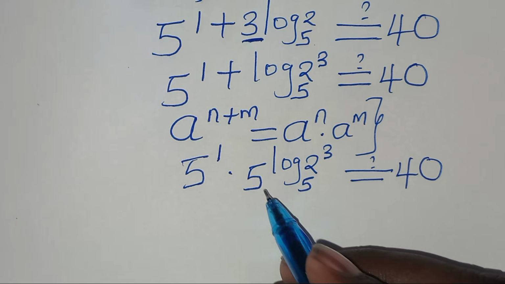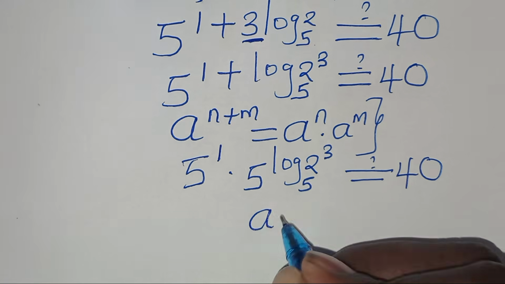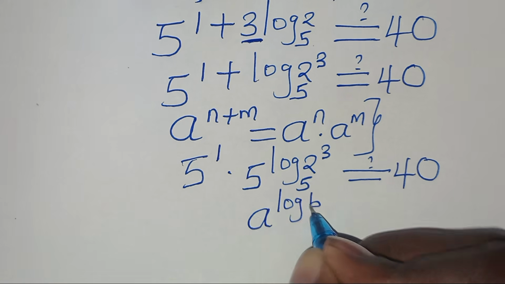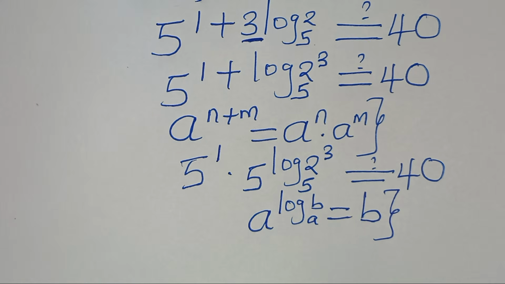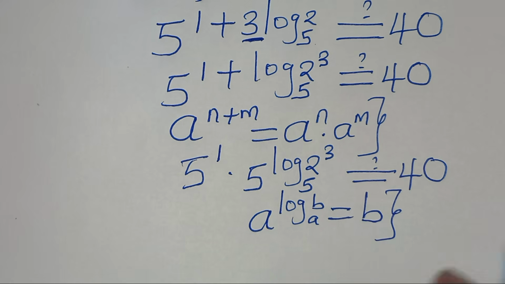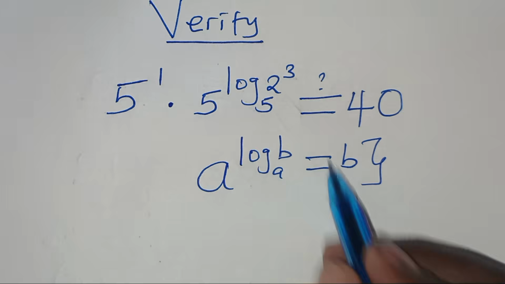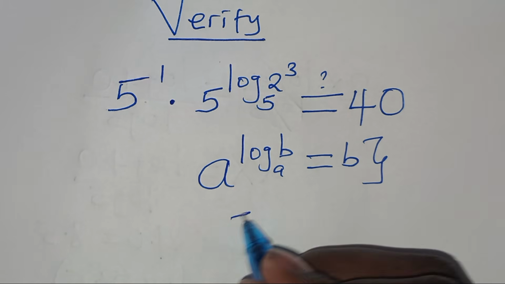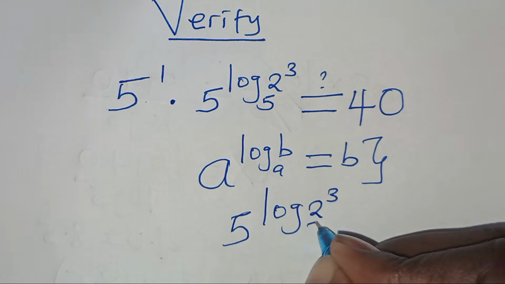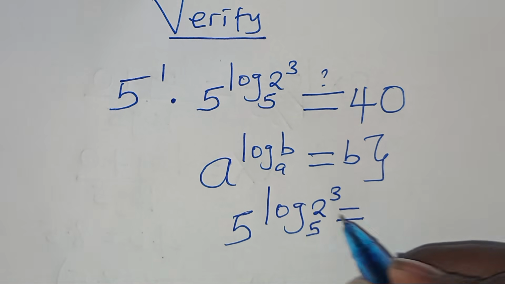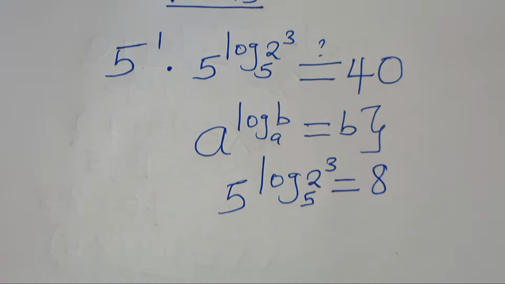The next step is that 5 to the power of log 2 to the power of 3 to base 5 is in the form of a to the power of log b to base a, and this should give us a value of b. Applying this logarithm property, this follows that 5 to the power of log 2 to the power of 3 to base 5 should give us a value of 2 to the power of 3, and this is equal to 8. So let's substitute 8.